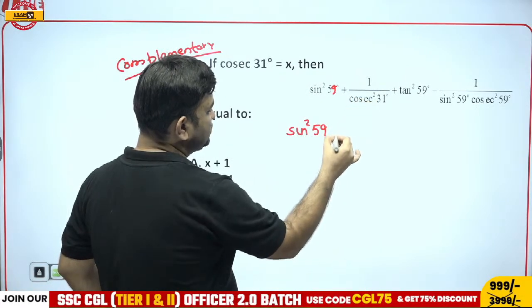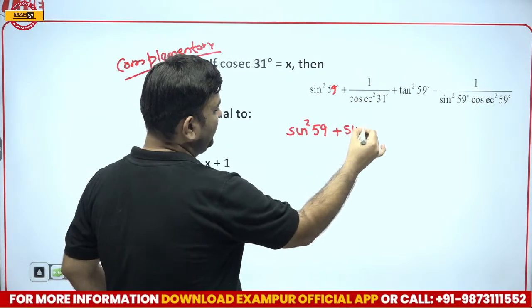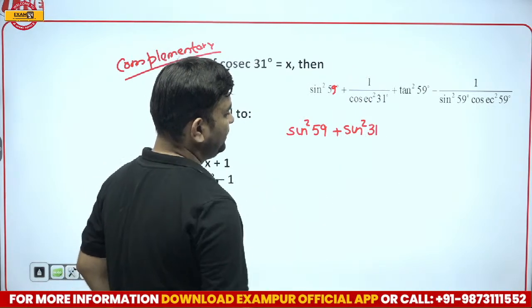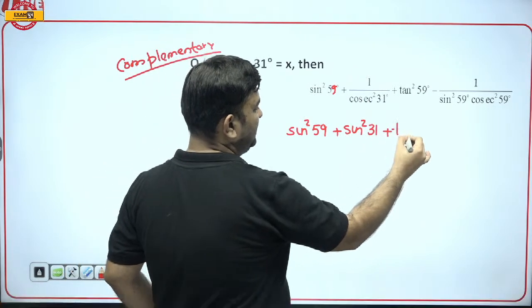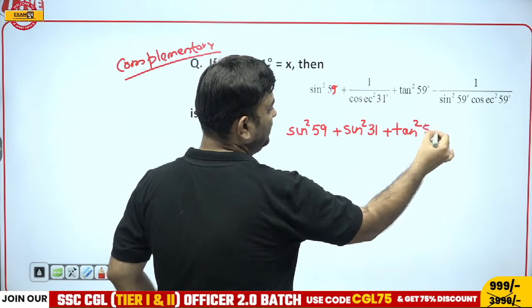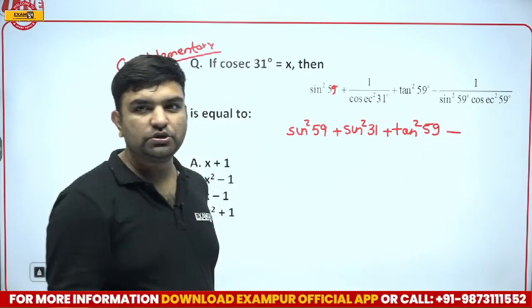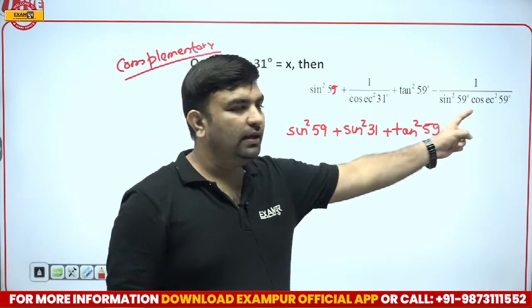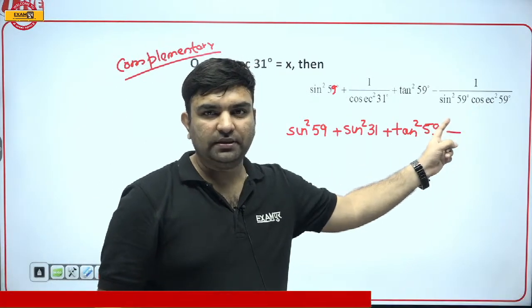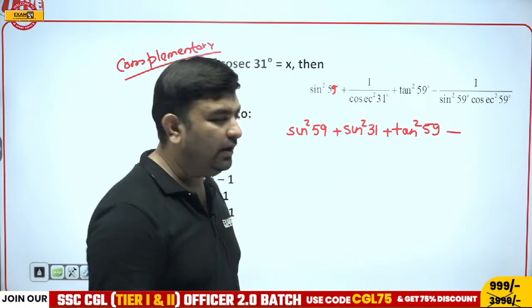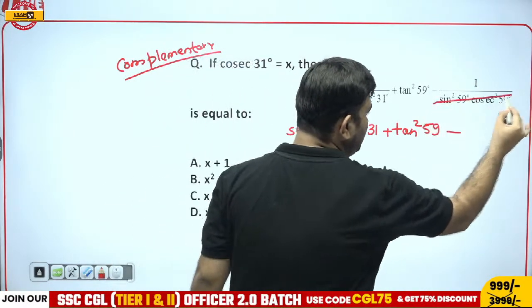One upon cos square 31 can be written as sec square 31, which is 1 plus tan square 59. Guys, sine and cosec are inverse of each other, so they will cancel out each other, minus 1.